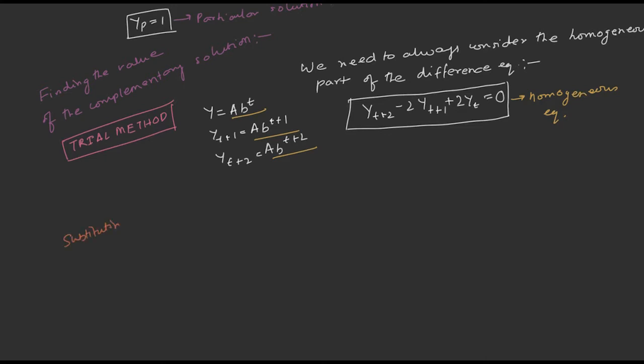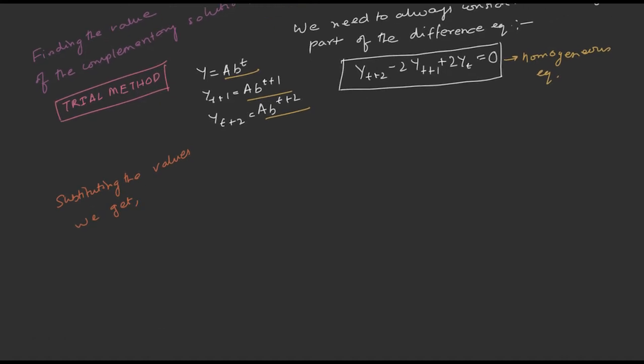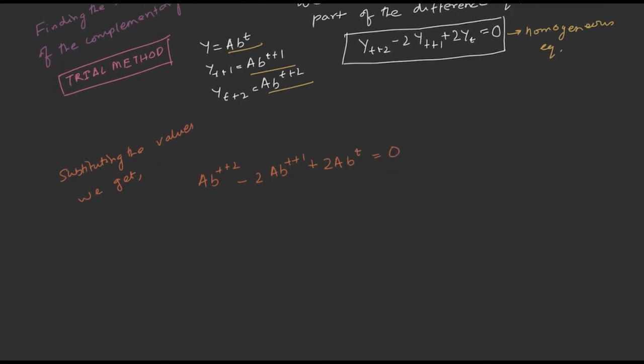Substituting the values, we get a b to the power t plus 2 minus 2 a b to the power t plus 1 plus 2 a b to the power t equals 0. Taking a b to the power t common, we get b square minus 2b plus 2 equals 0.